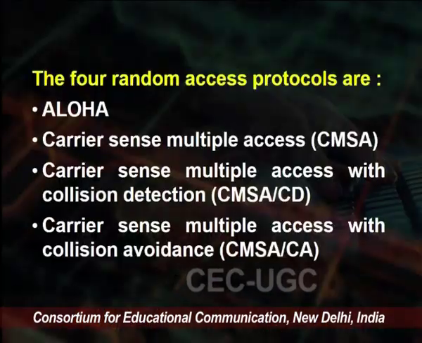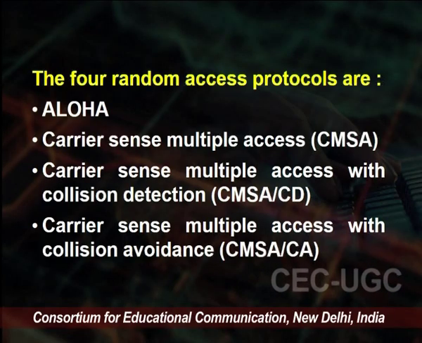What do these random access protocols consist of? There are four random access protocols. One is ALOHA, with two of its versions: slotted ALOHA and pure ALOHA. We will be looking into it soon. Then we have carrier sense multiple access, CSMA. Then carrier sense multiple access with collision detection, CSMA CD.